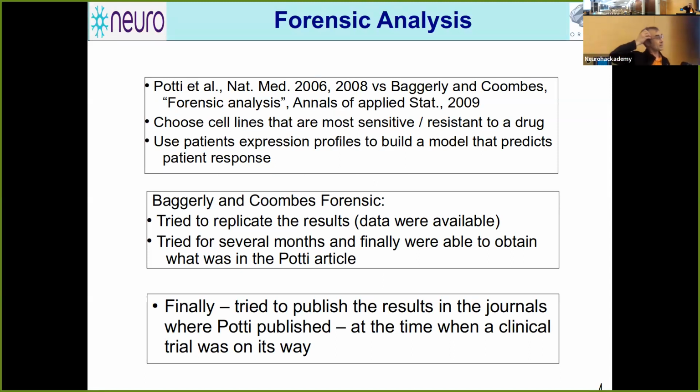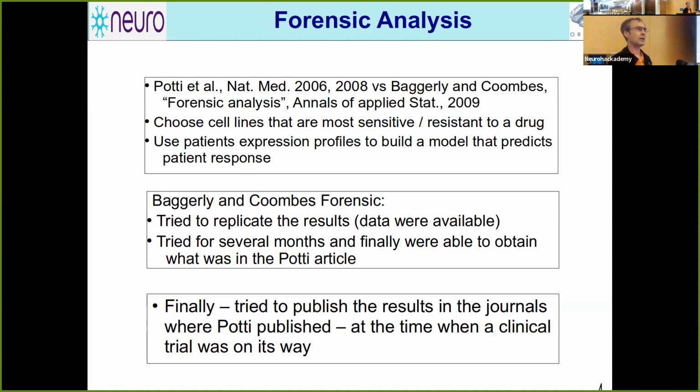I'd like to start with one example that wasn't taken yet. It was probably one of the most prominent cases. There was a paper in 2009 by Baggerly and Coombes, two biostatisticians, who tried to reproduce a number of papers by Poline et al.